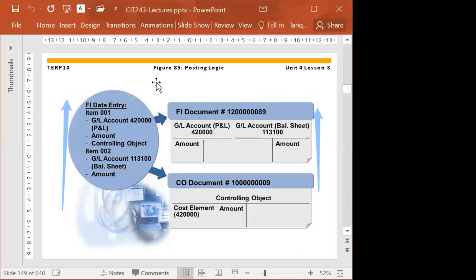Now, in this slide, you see that the transaction happens in finance. And when we move that transaction, it goes as a single entry into the cost. In finance there is a debit amount and a credit amount. We are debiting one account, crediting another account. But when it goes to the controlling, it goes as a single entry, the cost element. So when we post an entry in finance to a GL account, it could be expense or it could be revenue.